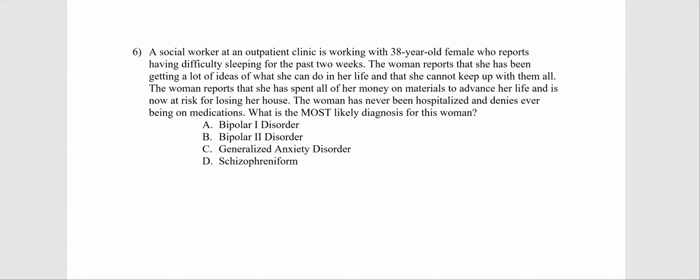The woman has never been hospitalized and denies ever being on medications. What is the most likely diagnosis for this woman? A, bipolar 1 disorder, B, bipolar 2 disorder, C, generalized anxiety disorder, or D, schizophreniform. And when you have your answer, type the word tricky in the chat.